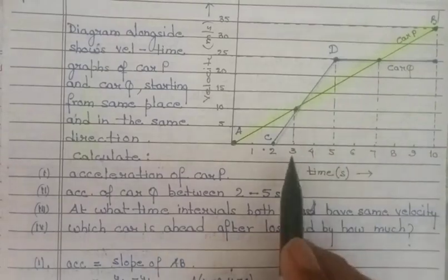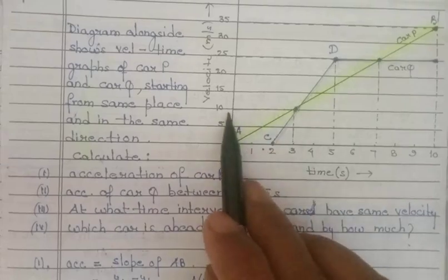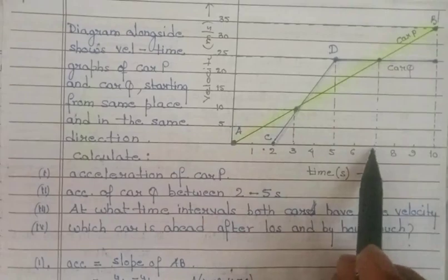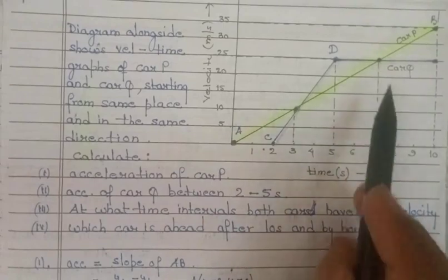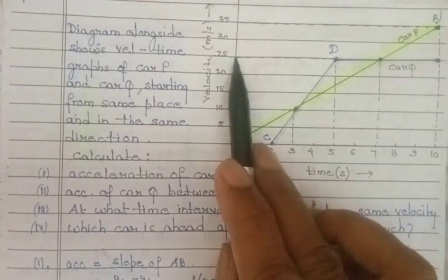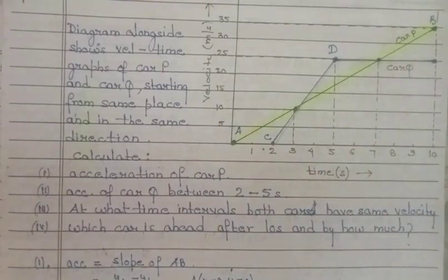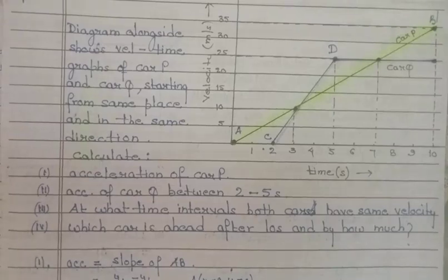So that means when time interval is 3, then both the cars are having the same velocity of 10 meter per second. And when the time interval is 7, then again both the cars are having the same velocity of 25 meter per second. So wherever the graphs of these two cars intersect, at that point the two cars will be having the same velocity.